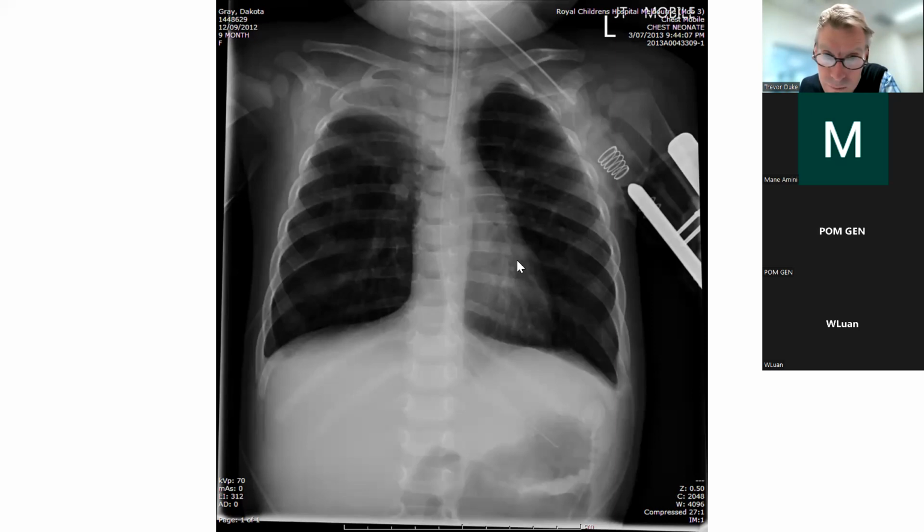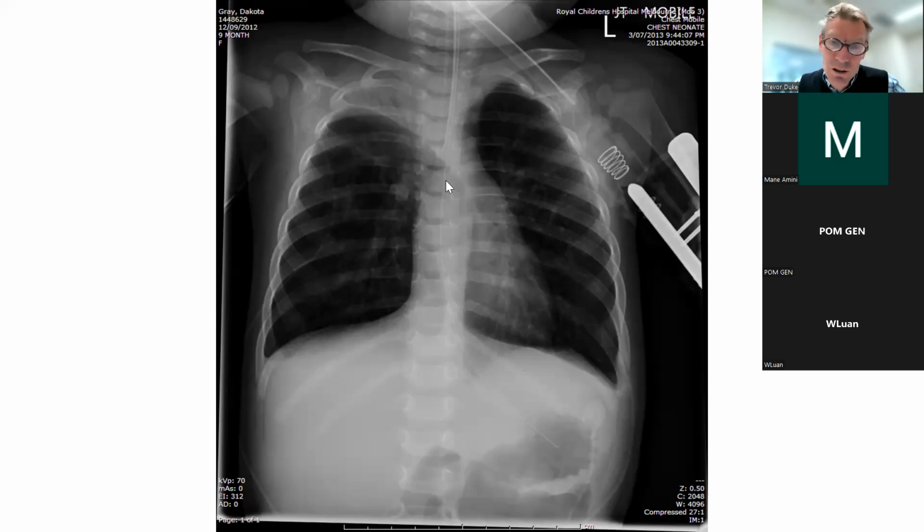You can see the bronchovascular markings here, and you can see some lung markings on the right side as well. So there looks like there's some lung markings. What else could it be besides a pneumothorax? Sorry? Hyperinflation. Yes, very good.